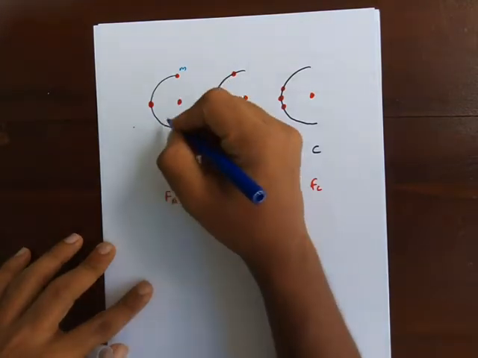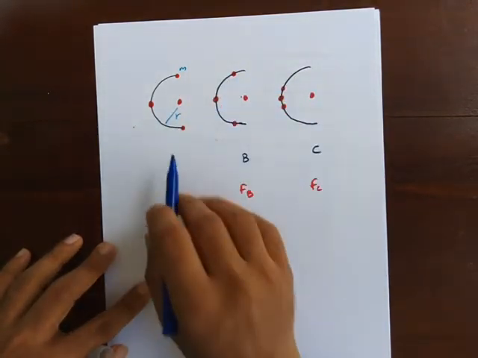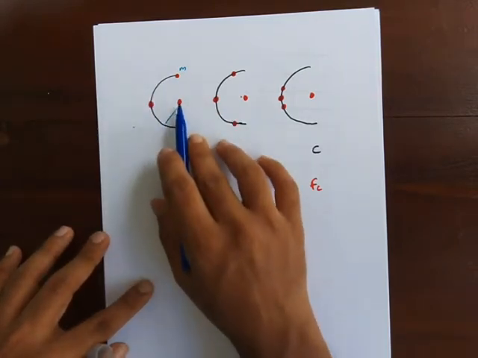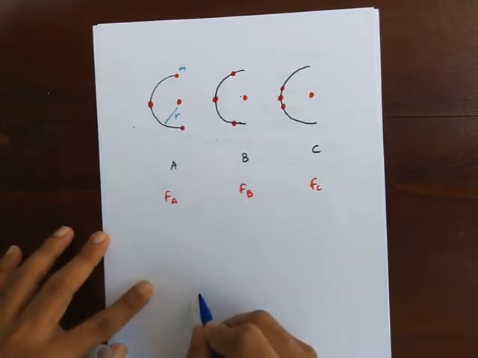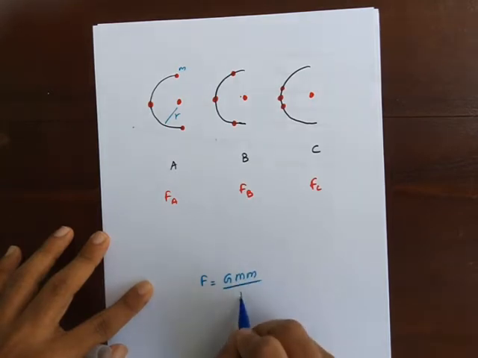Let's take the radius as simply r. So I can write the force between one particle on the circumference and the center particle as F equals G m over r squared, right?